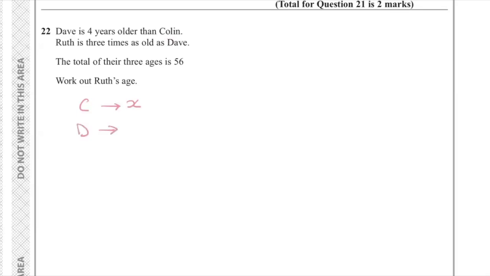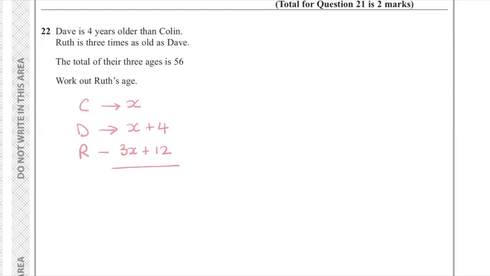Dave is 4 years older, so he's Colin's age plus 4 more years. And Ruth is 3 times as old as Dave. So we're going to multiply Dave's expression by 3, which would give us 3x plus 12. The total of the 3 ages is 56. These are the 3 ages in algebra.